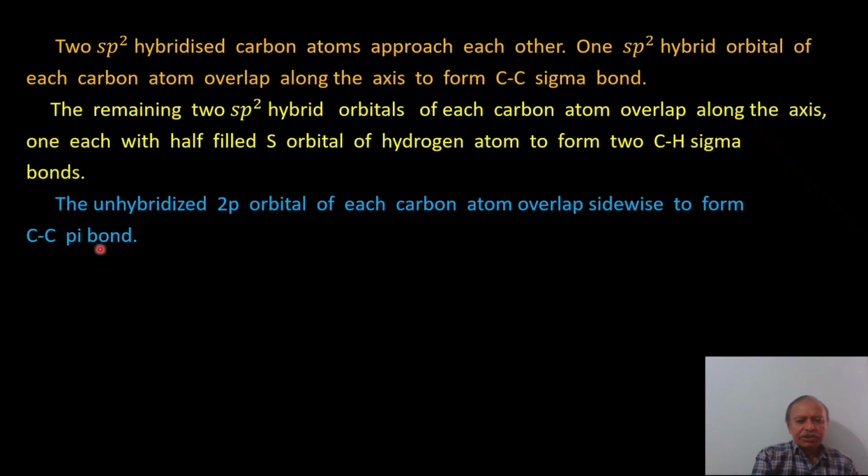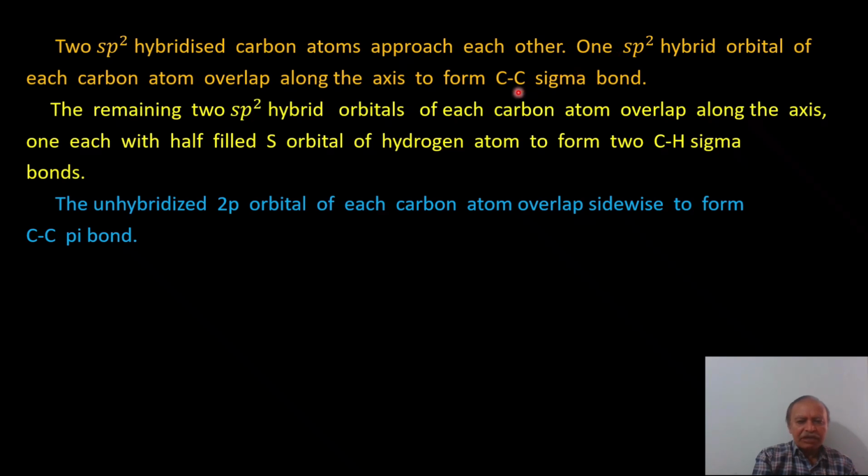So this pi bond is formed by sidewise overlapping of the unhybridized p orbitals. Remember this. And the carbon-carbon sigma bond is formed by axial overlapping of the sp2 hybrid orbitals. That's how the bonds are formed between carbon and carbon.